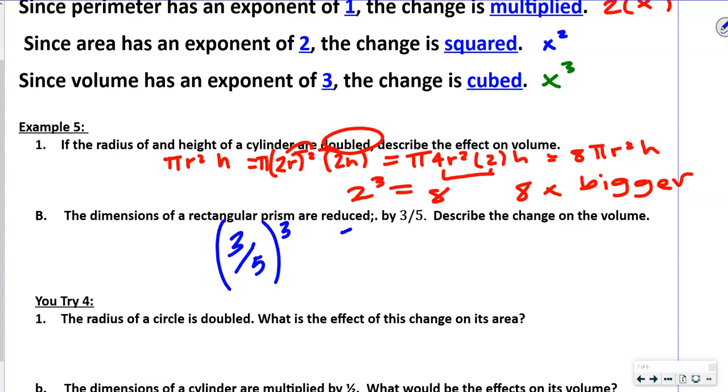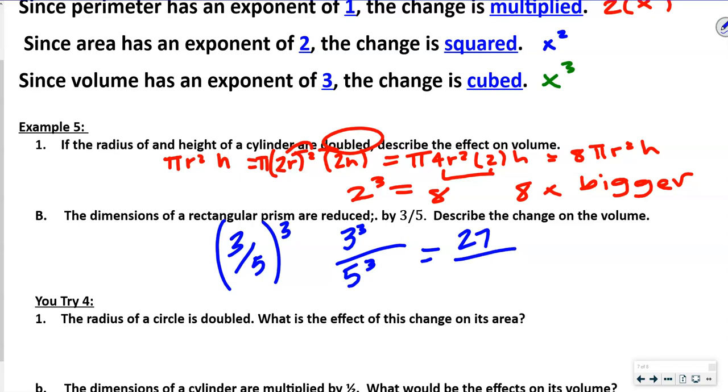So we're going to take 3 to the third over 5 to the third, and you can do that in your calculator. Sorry, not 9. 3 times 3 times 3 is 27. So this is 27, and 5 times 5 is 25, times another 5 is 125. So it would have got 27 over 125 smaller. So if you end up with a fraction, it's definitely getting smaller, okay?